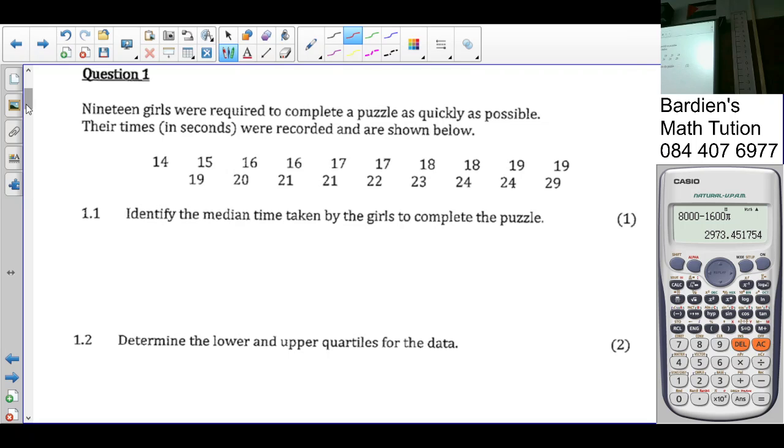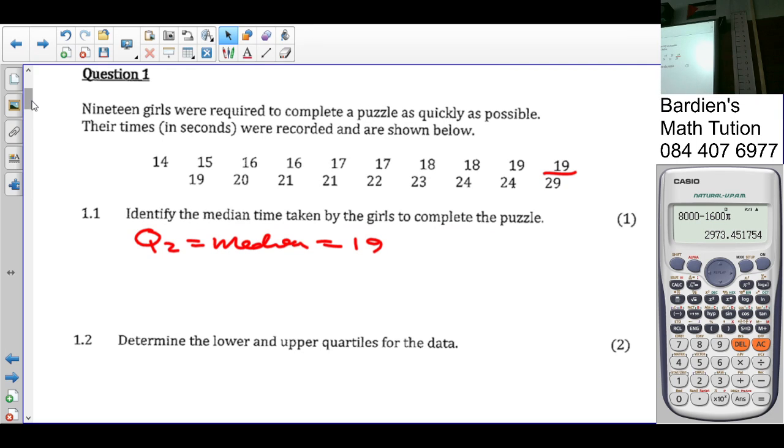I count 1, 2, 3, 4, 5, 6, 7, 8, 9, 10. Yes, so quartile 2, which is also your median, also known as your 50th percentile, is 19. You all okay with that?